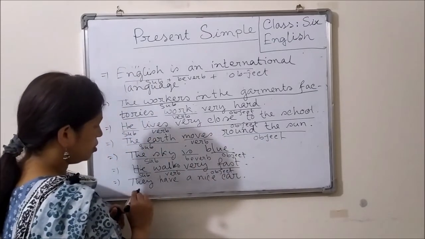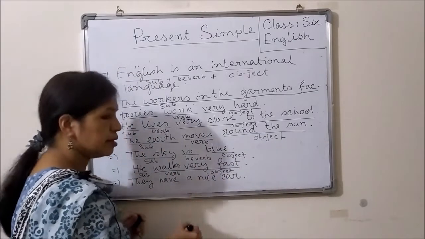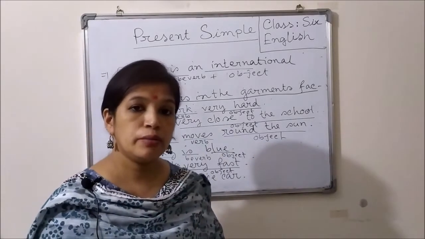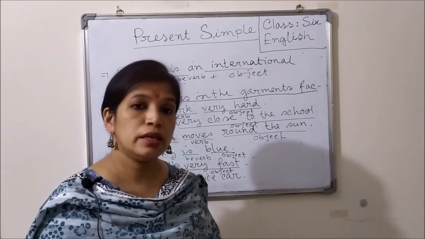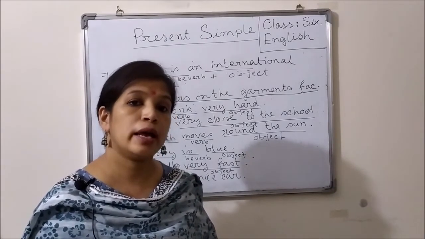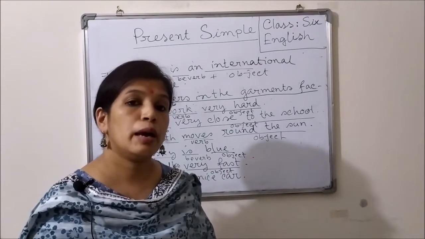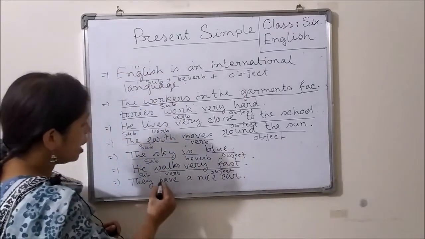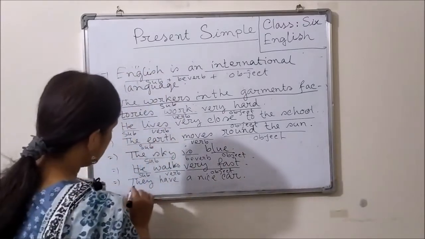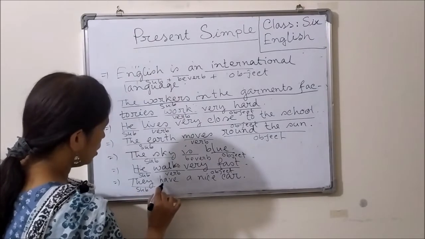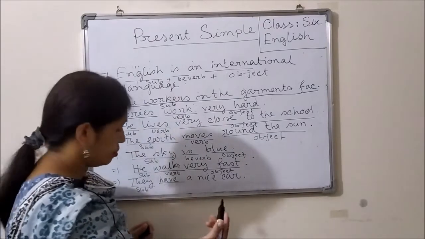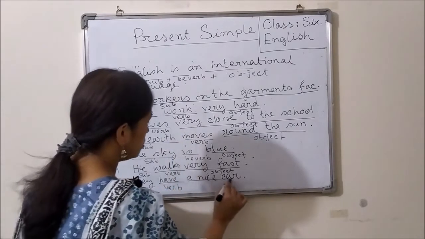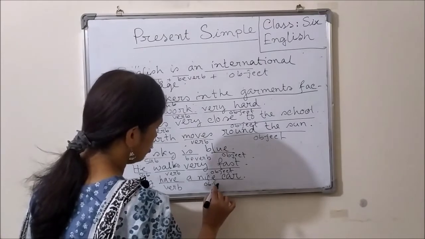The last one, they have a nice car. This example matches with the last structure, where have or has is used as the main verb. Here they is the subject, have is used as the main verb, and the last one is the object.